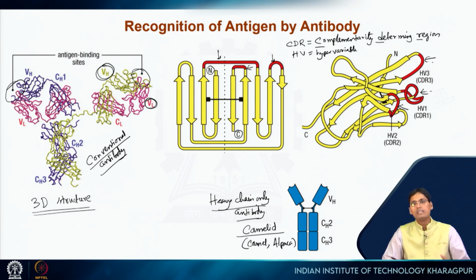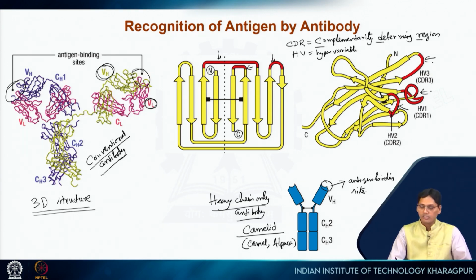Somehow they evolved in such a way that this is good enough to capture antigen, right? So here is an antigen binding site, and similarly here is another antigen binding site. This kind of unique antibody has some relevance in terms of therapeutics. In the right time I will discuss that.